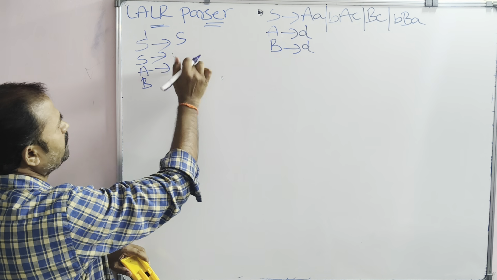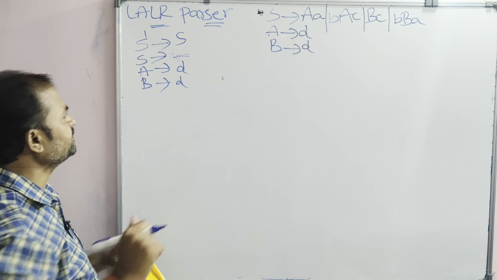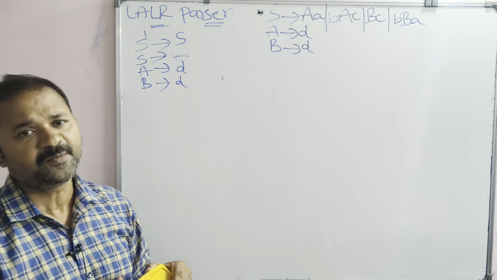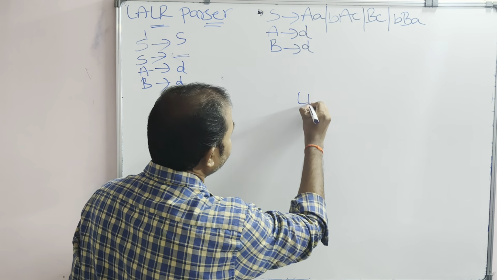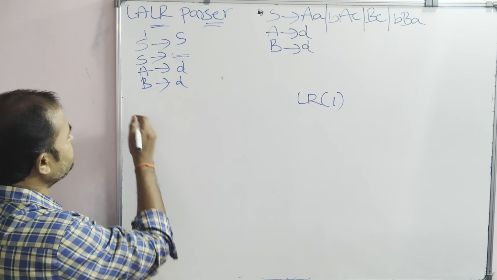What is the A production? A produces D, B produces D. So the LALR parser uses LR(1) items. Let us write the first item.